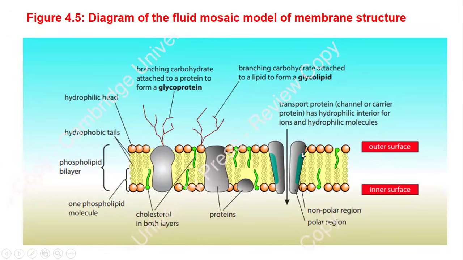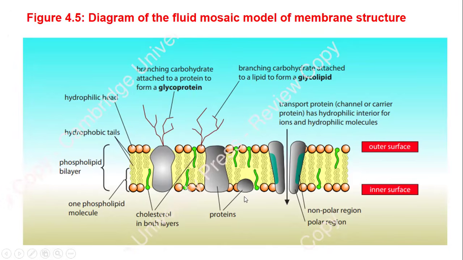Like the polar molecules, they can pass through those proteins either into the cell or out of the cell. So such proteins are going to be called transport proteins. We shall look at their details later. Now, some of the proteins can act as enzymes. So you find that a protein is within the cell surface membrane, but is an enzyme that catalyzes a certain reaction. So some of them are going to be enzyme in nature.